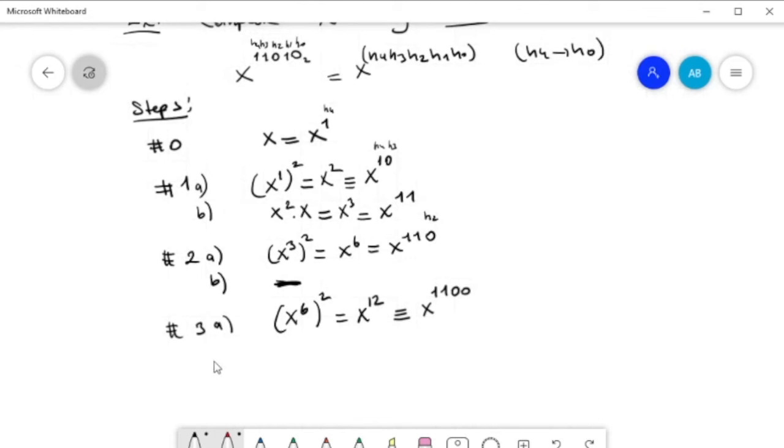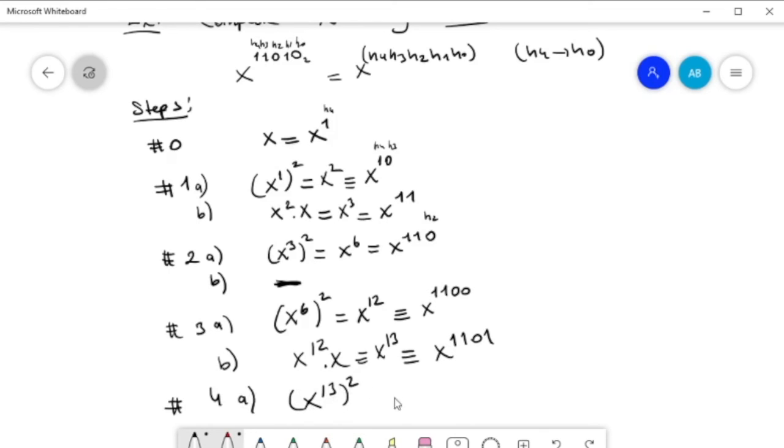H1 is 1, so I need to make one multiplication in order to put 1 here. It's x to the power 13, which is x to the power 1101. So I obtain H1 here. And the last step for H0, of course, I will make first squaring x to the power 26.